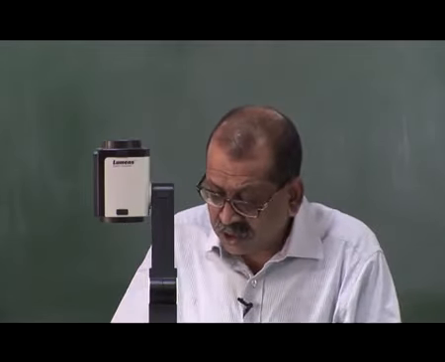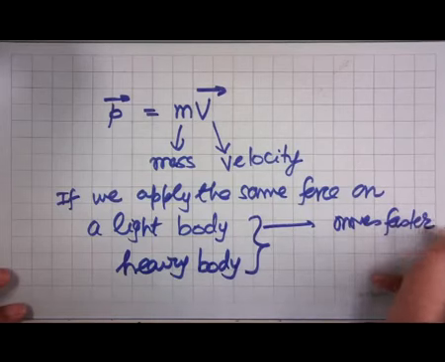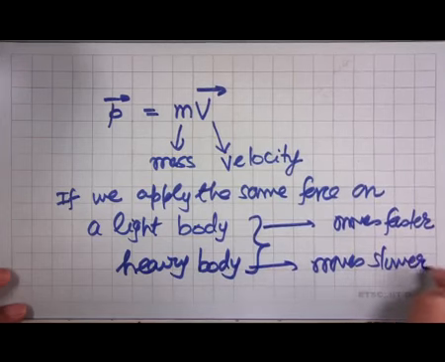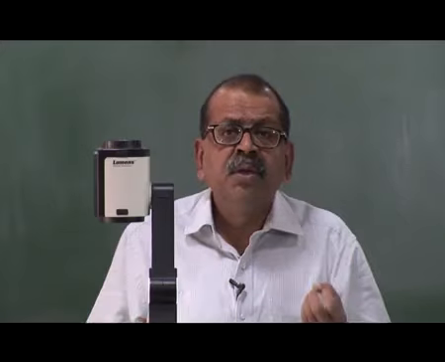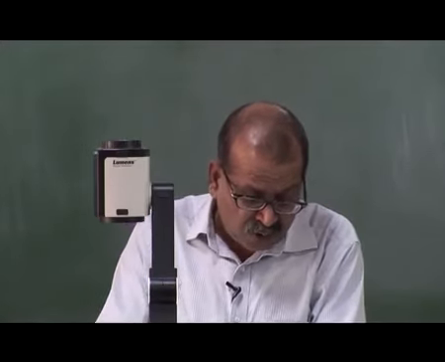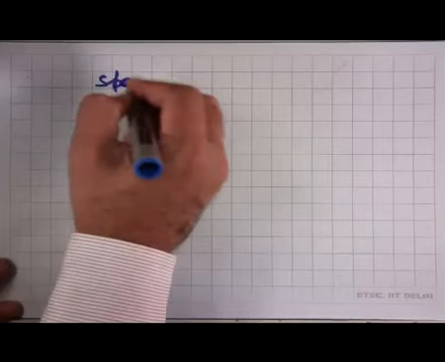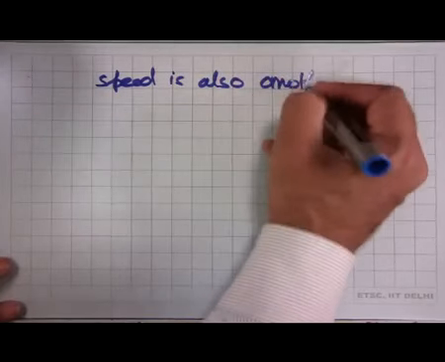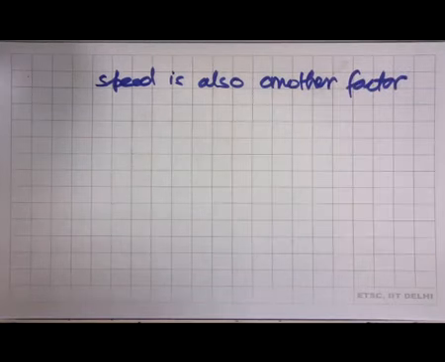What we observe is, the light body moves faster, whereas the heavy body moves slower. So, clearly force has a relation with mass. At the same time, we also realize that it is not only mass, but speed is also another factor when we want to characterize the force.